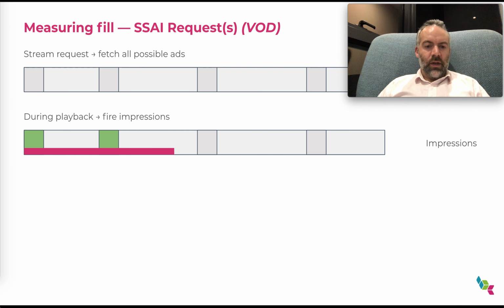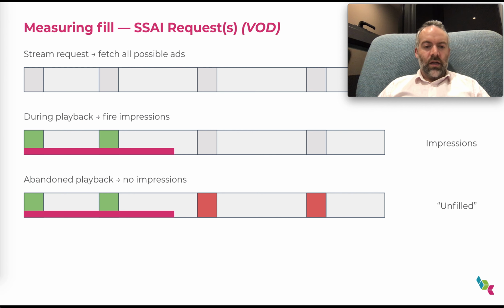As a user actually plays the content back, we fire off impressions for the ads that are seen. So impressions can be measured accurately, but we're left with this gap for those later mid-roll breaks, which is different to the way that classic client-side advertising would work, where it would instead only be fetching ads at the time it's ready to play them.